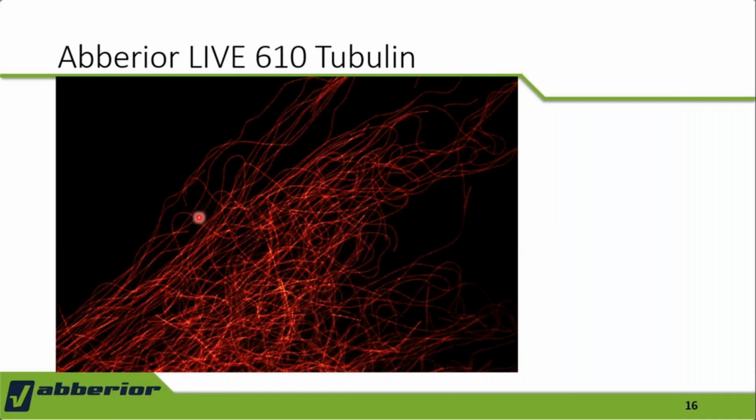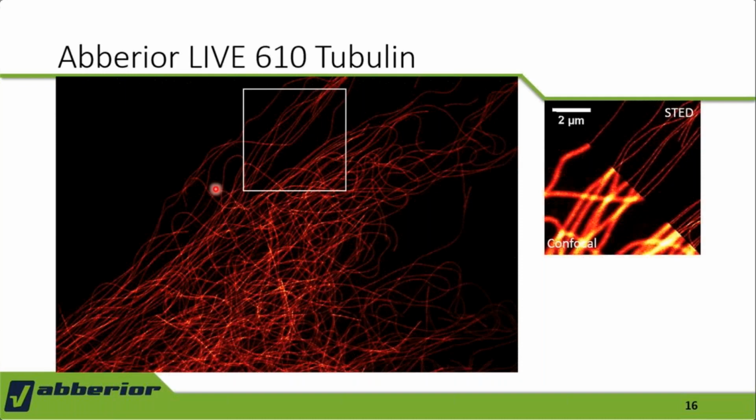You see very nicely that this is a STED image, and all other images I will show you now are raw data. You see here very nicely these single filaments, and if you have a look at this close up, there is the confocal image on the lower left, and the STED image on the upper right part, and you very nicely see the difference between confocal and STED.